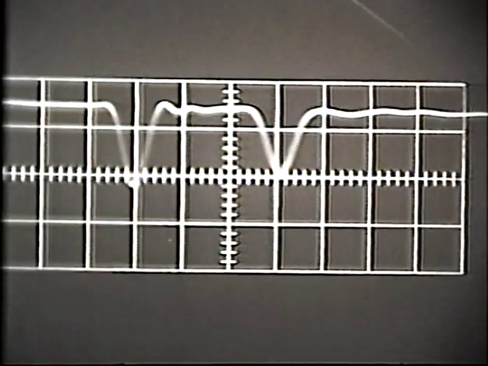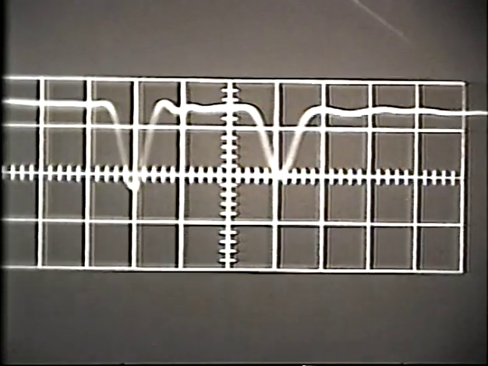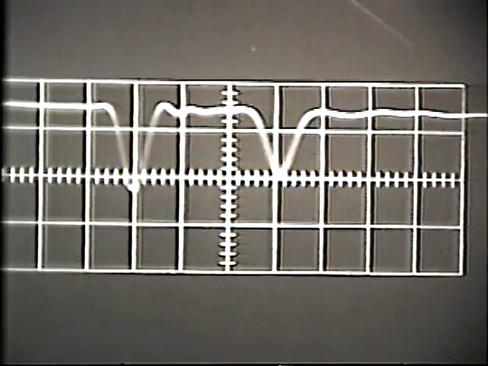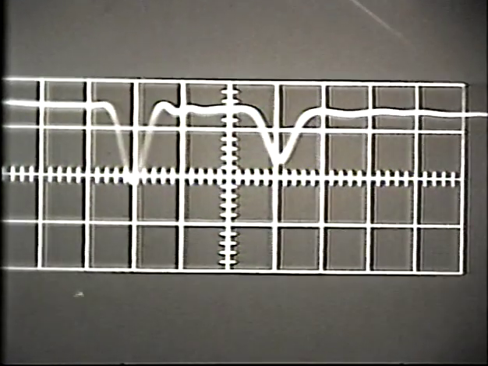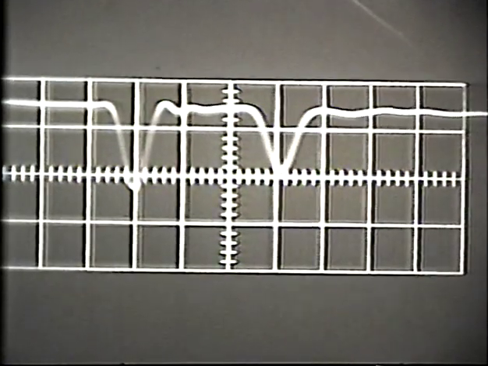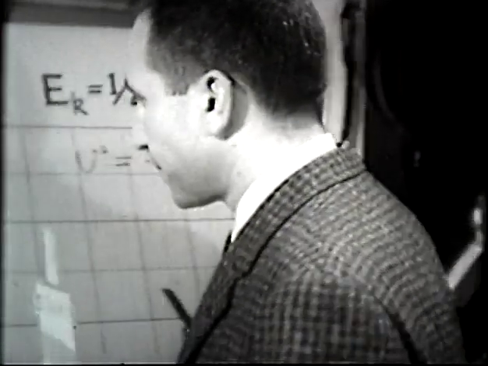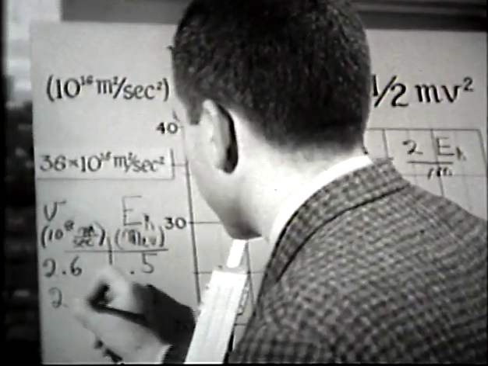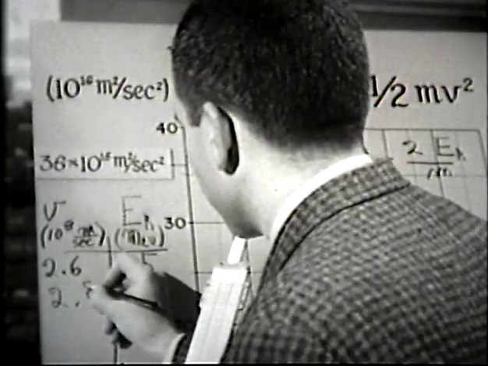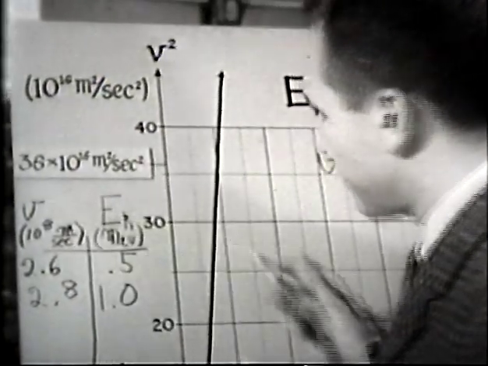The time of flight is less than before. Accurately enough, it is 3.1 divisions. The speed is about 2.8 in these units.